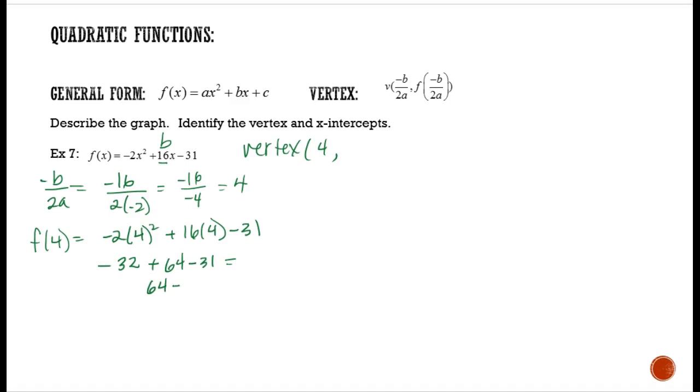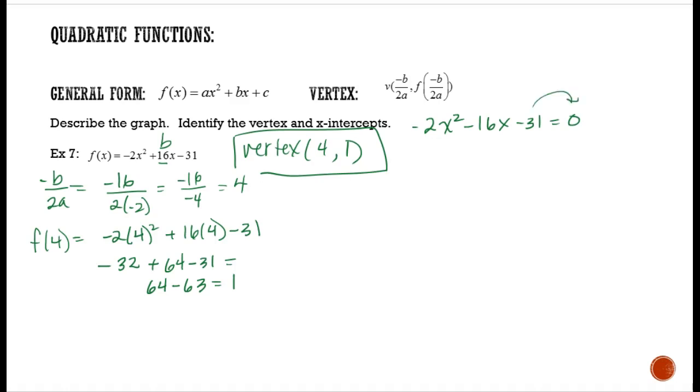So that's 64 minus 63, which is just 1. Okay, so vertex is 4 and 1. What could have been bad is really not that bad. Okay. Now we need to complete the square to find our x values.